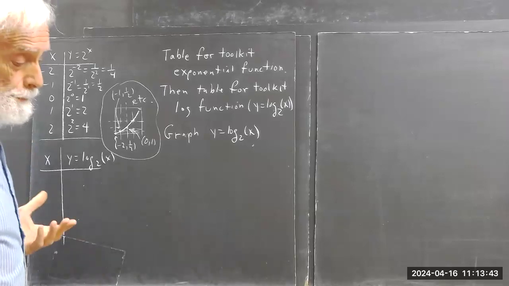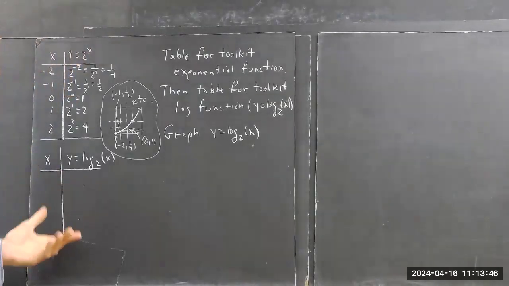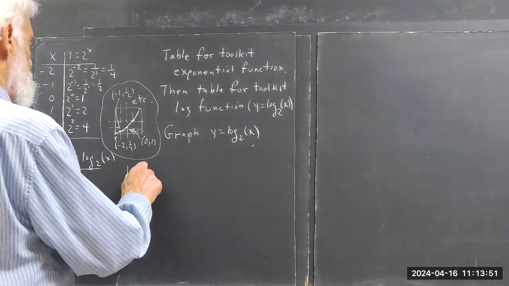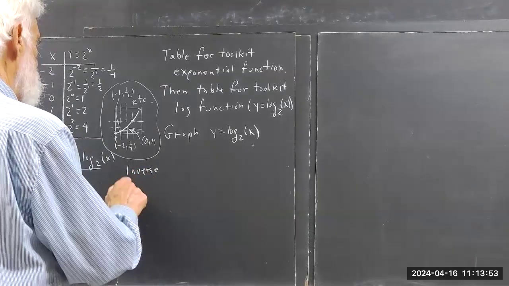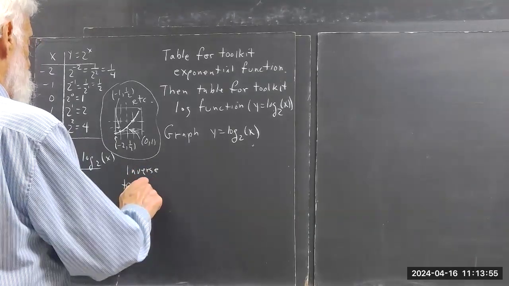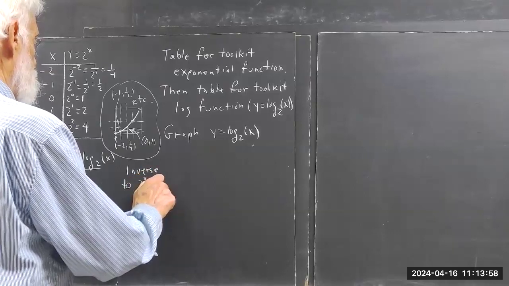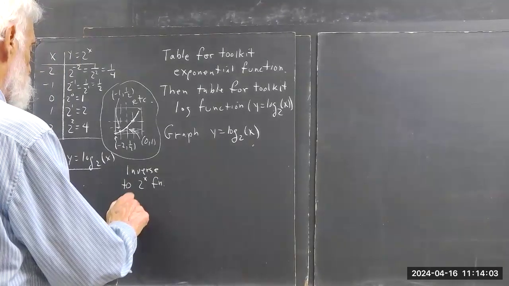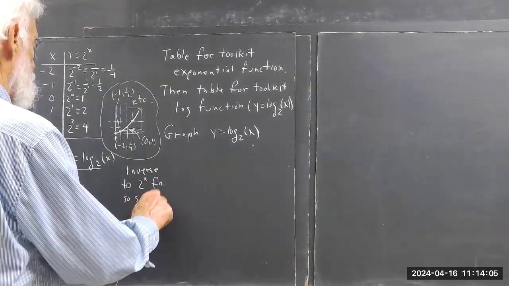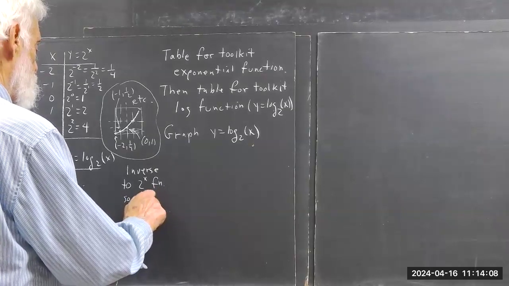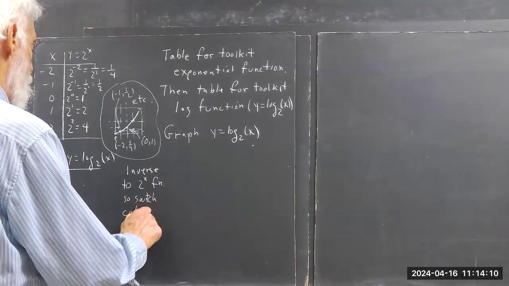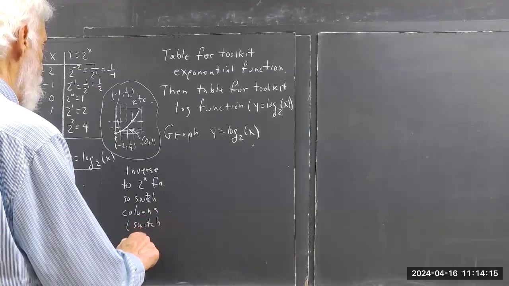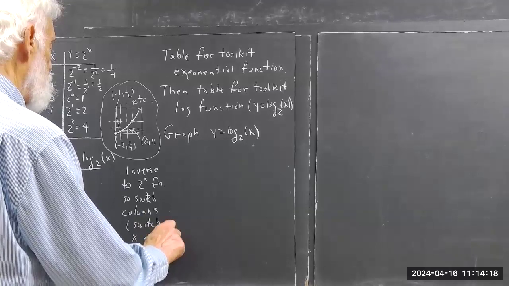Okay, now the next thing is, how do you do the graph of log base 2 of x? It's the inverse of the exponential function. How do you do a table of the inverse? We switch x and y.